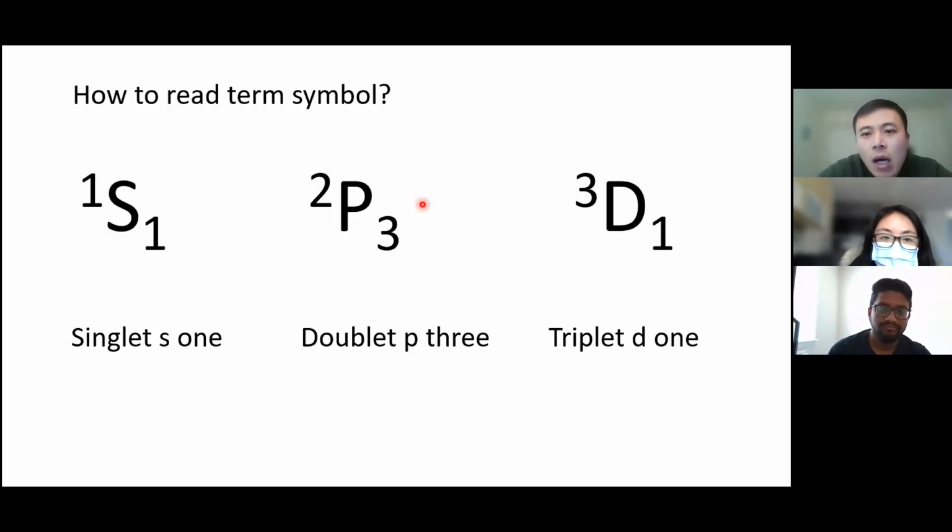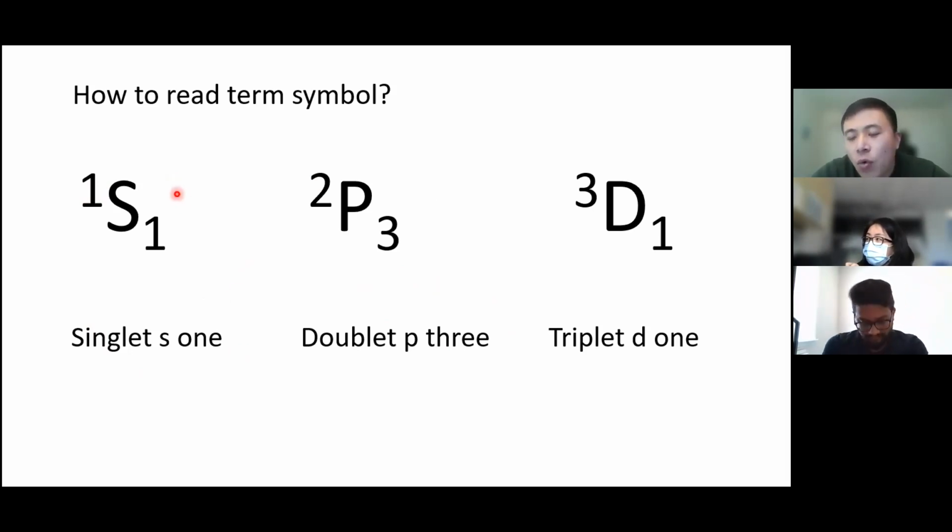Okay. Then how to read those term symbols? I think this is also an important part that we need to understand, so that we can communicate with people who want to talk in the language of spectroscopy. So for example, for this one, this means that we have a zero total spin because this number is in fact 2S plus 1.